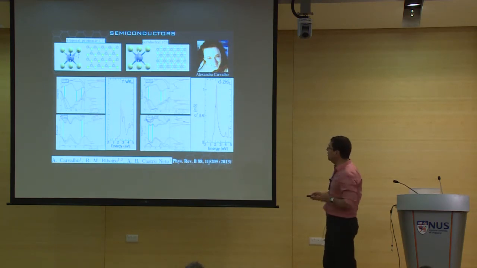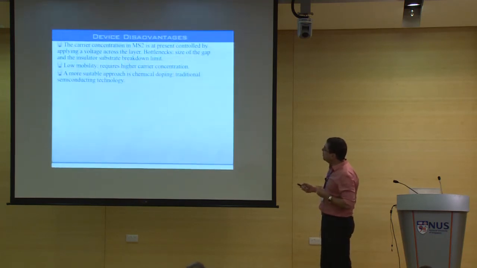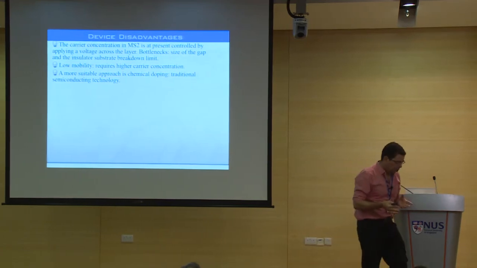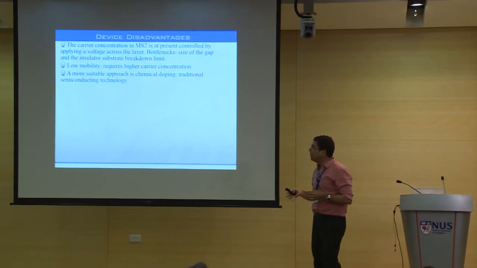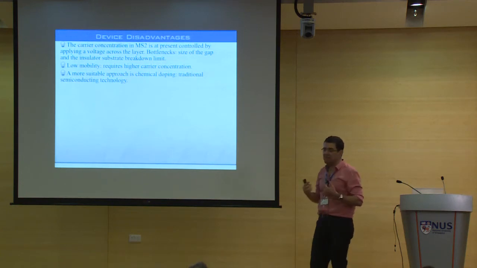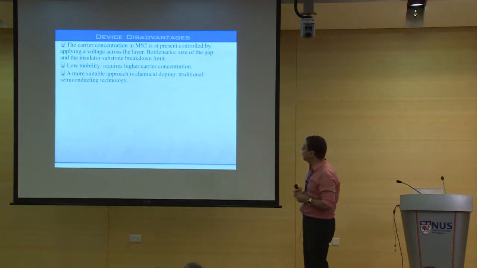Of course, there are certain disadvantages of working with these systems, and we heard about this here. It has been quite hard to get very large mobilities, because of substrate disorder or intrinsic disorder in the material and so on.